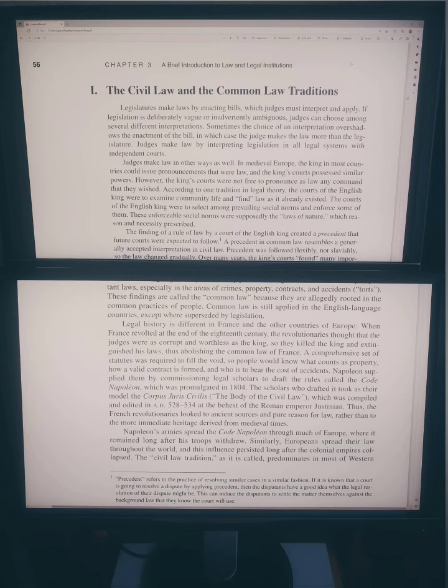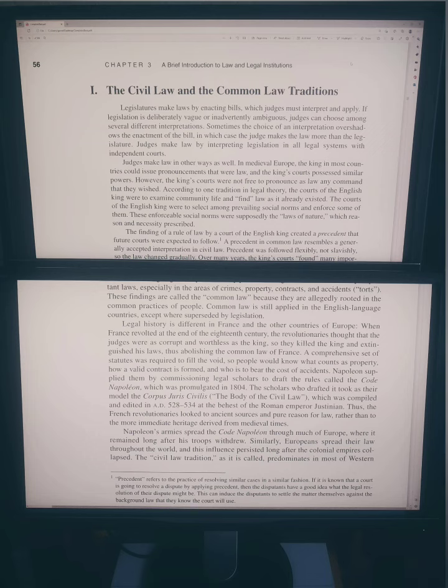For example, although the United States is ostensibly a common law country, the American states have tried to obtain greater uniformity in commercial law by enacting the Uniform Commercial Code. Deciding disputes that fall under the Uniform Commercial Code in America has many similarities to deciding disputes that fall under the French Civil Code.